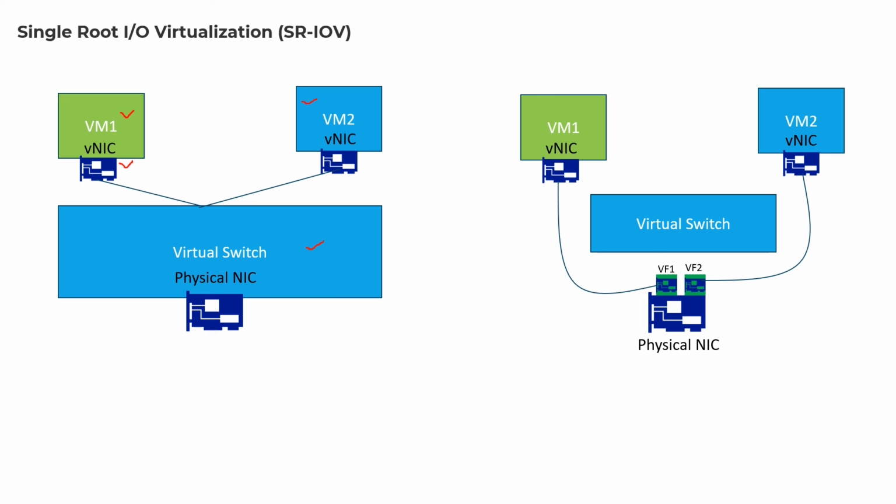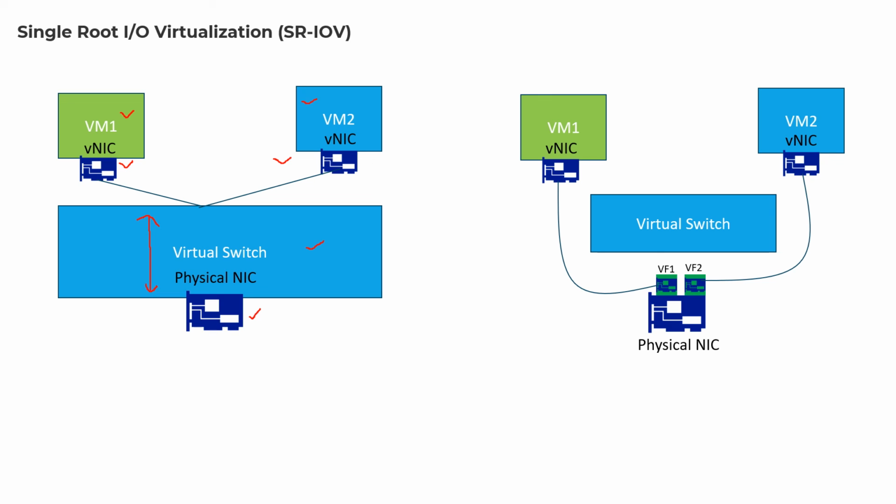So you have VNIC 1, which is associated with VM1, VNIC 2 is associated with VM2, and then you have the physical NIC. When it comes to sending traffic out, it is going to cross this virtual switch. And that's where the limitation comes from, because it is going to consume a lot of CPU and other resources from the existing hardware.